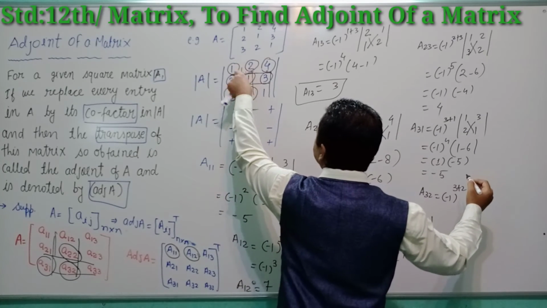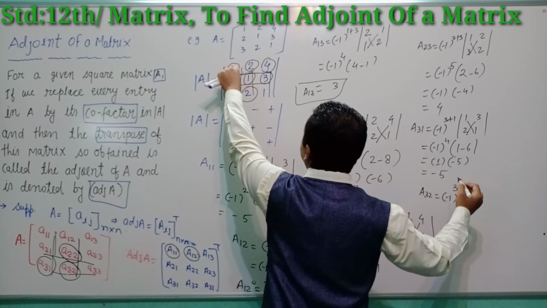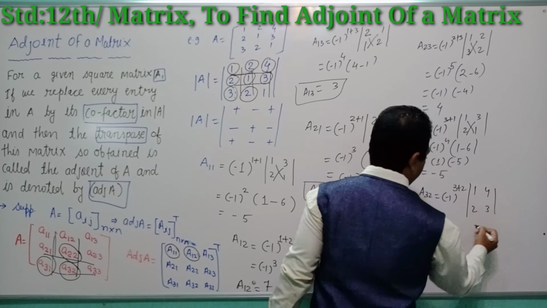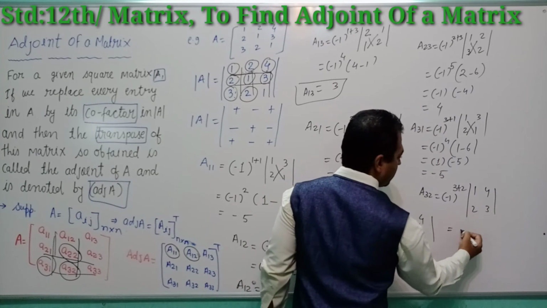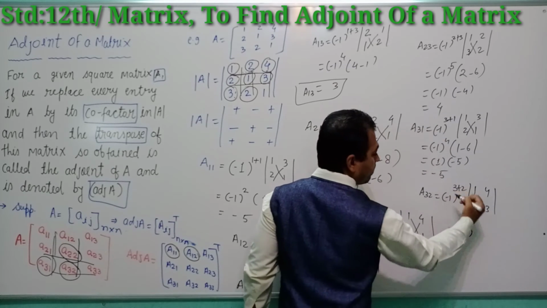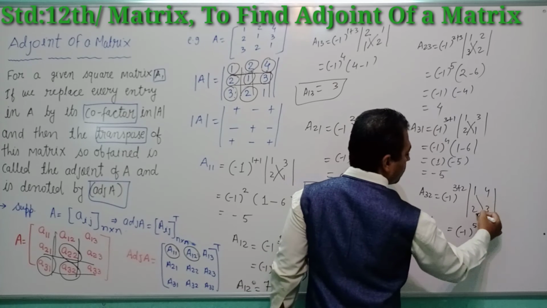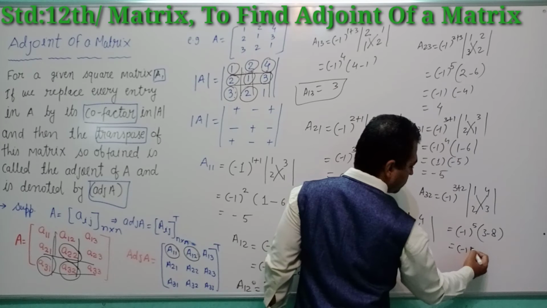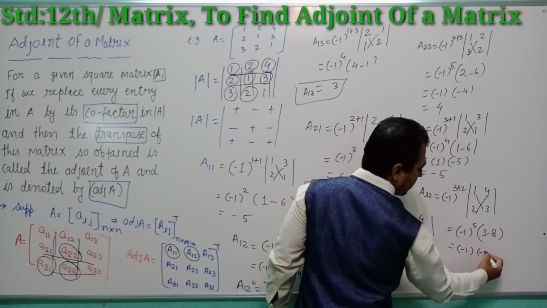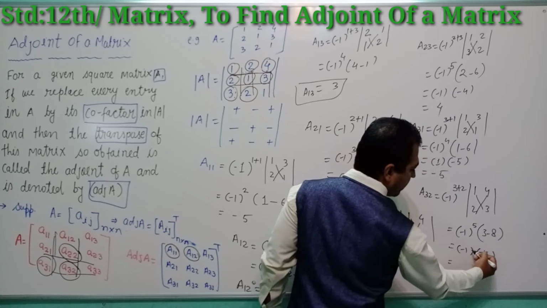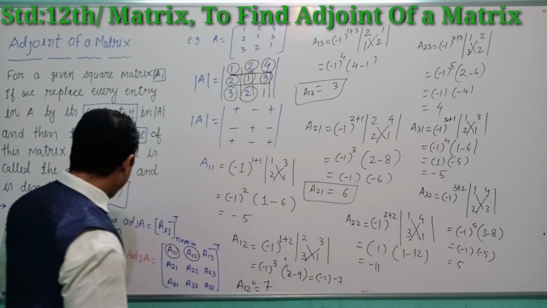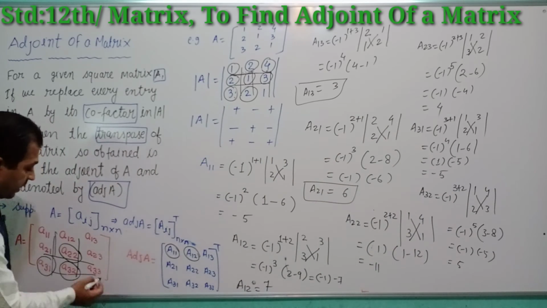These will be cancelled out, so finally we are getting 1 2 and 4 3. So minus 1 is to the power 5, cross multiplication, 3 minus 8, minus 5. Finally you are getting plus 5.